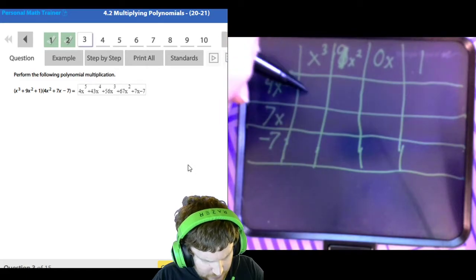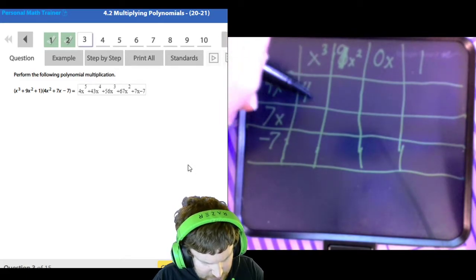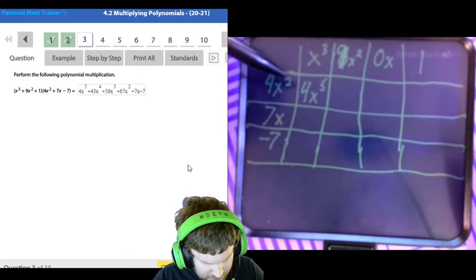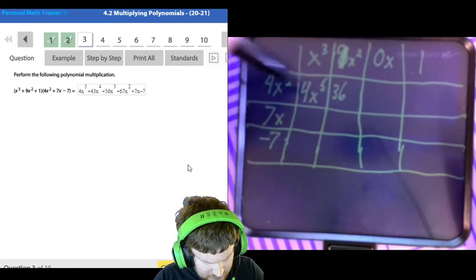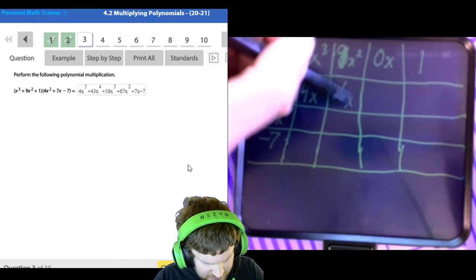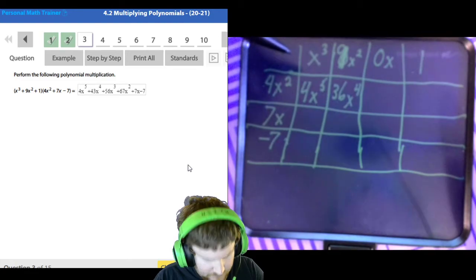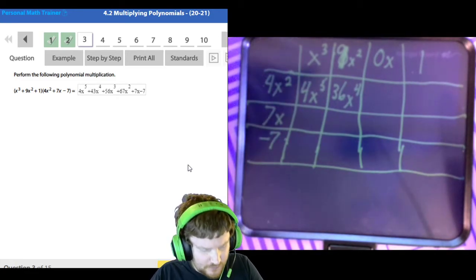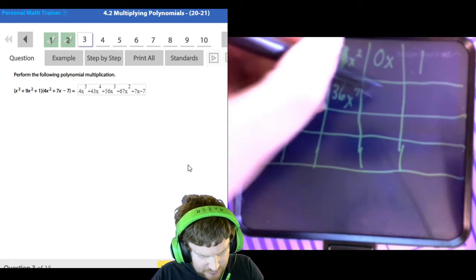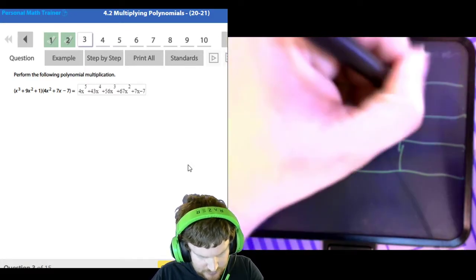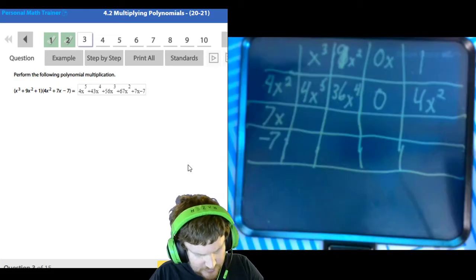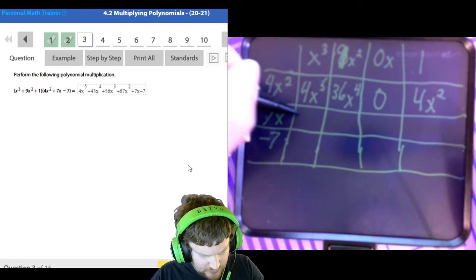So 4 times 1 is 4, x squared, x cubed is x to the 5th. 4 times 9 is 36. X squared is x to the 4th. 4 times 0, this is just going to be 0. 4 times 1, 4x squared. 7 times 1 is 7.